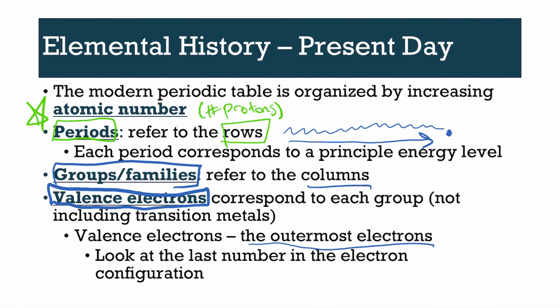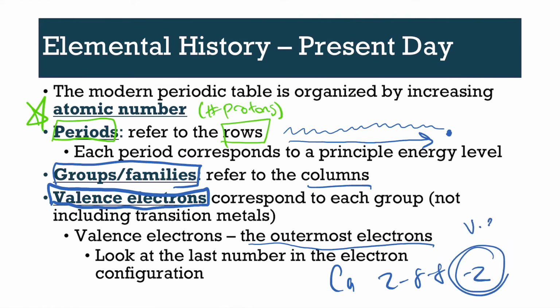If you look at calcium, how many valence electrons does calcium have? What's that last number in the electron configuration? Calcium is 2-8-8-2. That last number is 2, so those are your valence electrons.